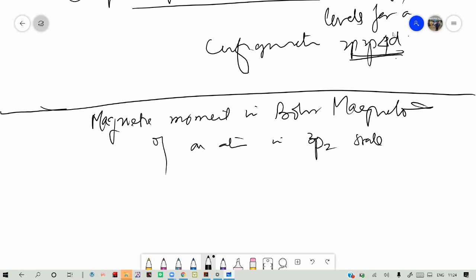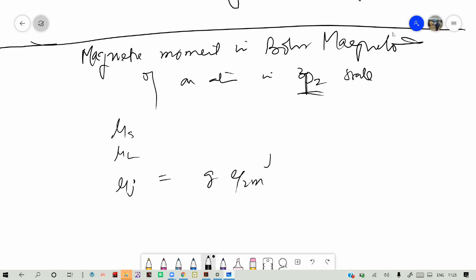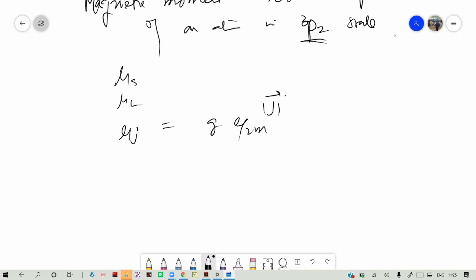You have to find the magnetic moment. Since the J value is given, you have to take mu J. You have spin magnetic moment, you have mu L, the orbital magnetic moment. When it is J, you have the total magnetic moment, mu J, and it is given by g e by 2m into J, where J is the square root of J into J plus 1, times h cut.